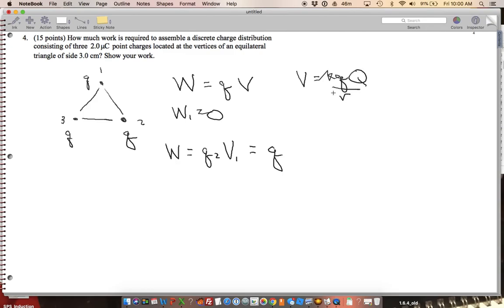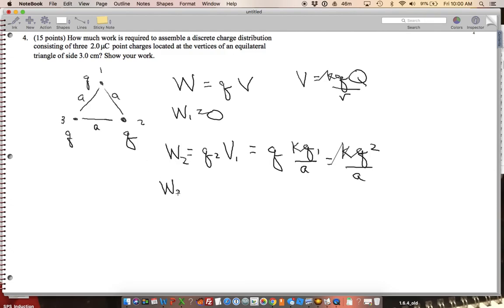over R. And we're going to call these sides of the triangle A. So I'm going to have Q2 and then K Q1 over A, which is really just K Q squared over A. So this is going to be W2, the work to bring this one in. And then what about 3? So now we've got Q1 held there in place and Q2 held there in place.